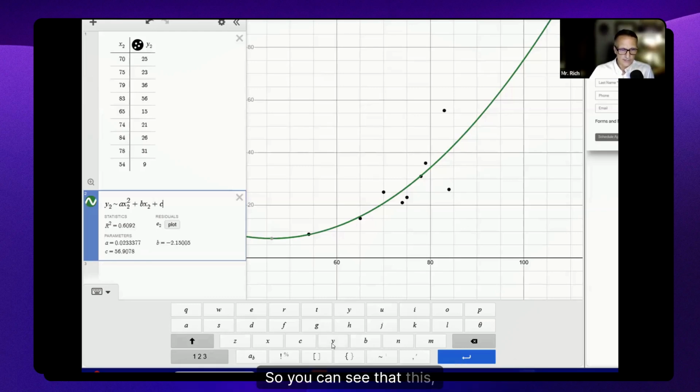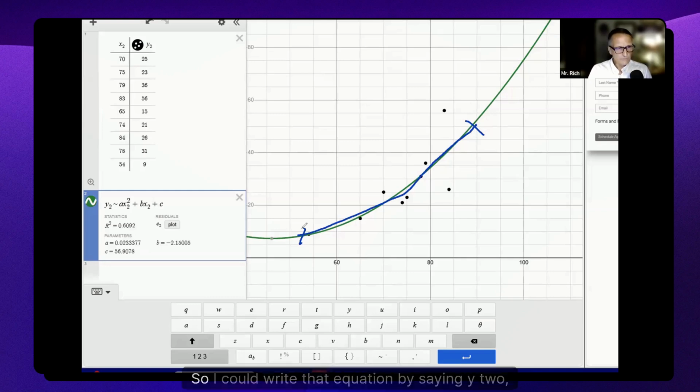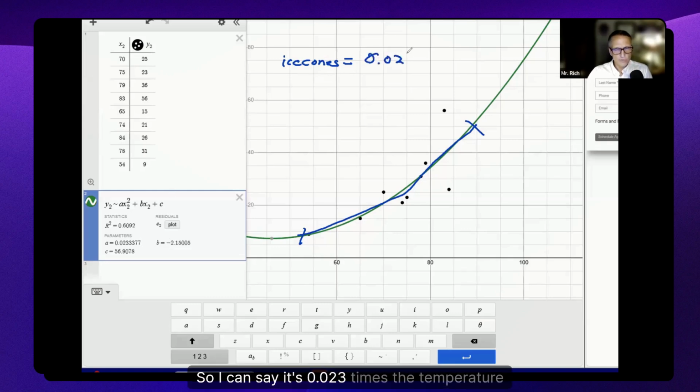So you can see that this portion of it, anyways, we wouldn't want to use the whole curve, but from about here up to about here, it does a pretty good job also of making predictions. So I could write that equation by saying y2, which is my predicted ice cream cones, we'll say ice cones, is going to be equal to, the a value is 0.023, so I could say it's 0.023 times the temperature squared.